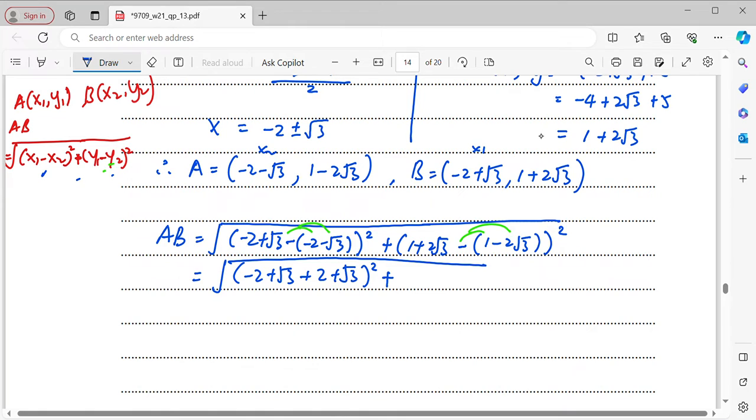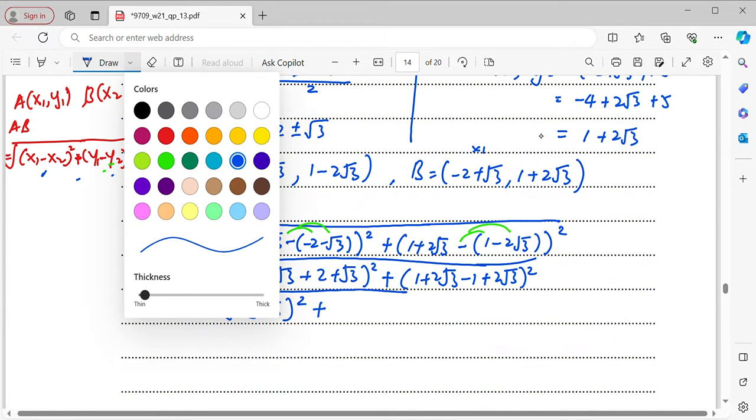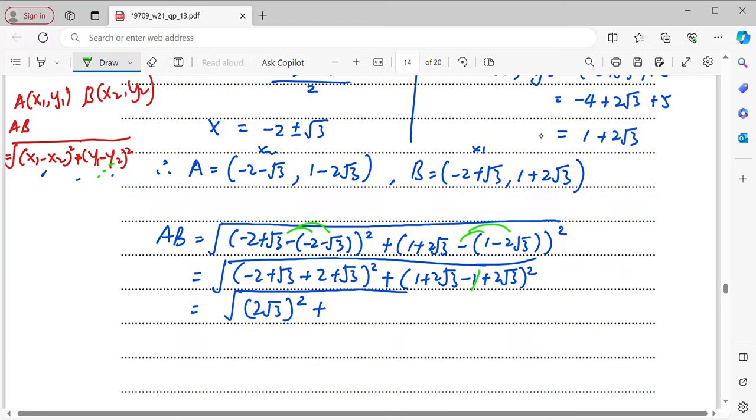Then you will get 1 plus 2 square root 3, minus 1 plus 2 square root 3. So minus 2 plus 2 will be 0, then I will get 2 square root 3. Plus, the 1 and minus 1 cancel off, I will get 4 square root 3.